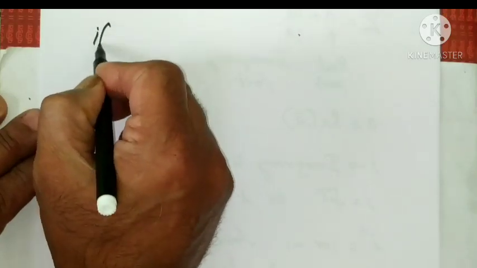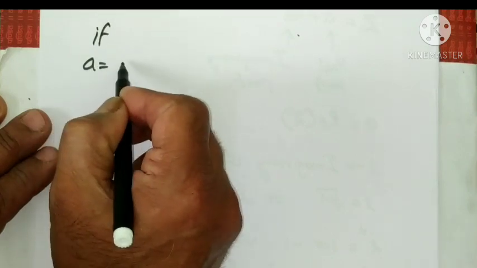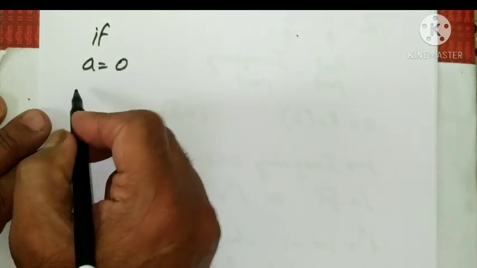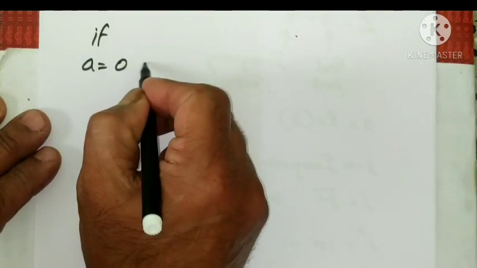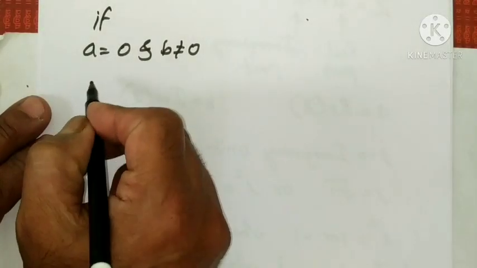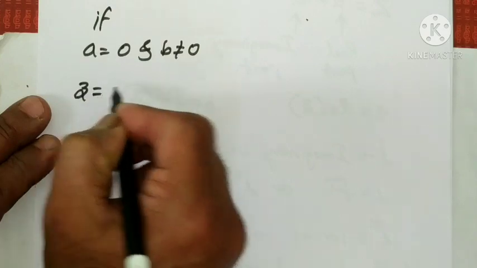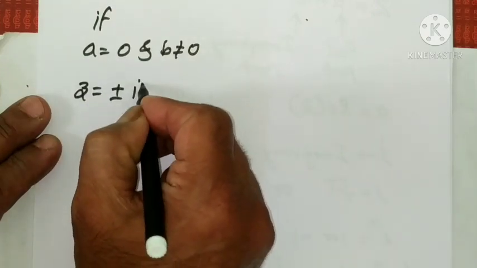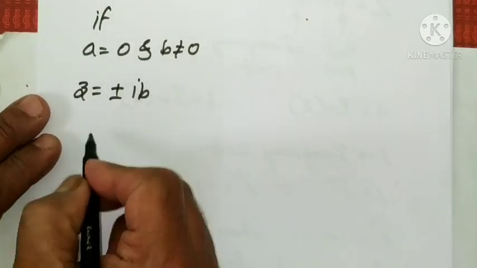If a is equal to 0 and b not equal to 0, then Z is equal to plus or minus ib, which is purely imaginary.